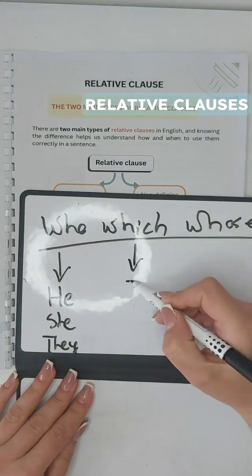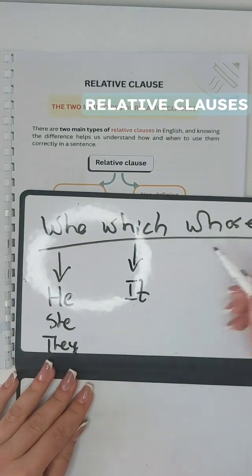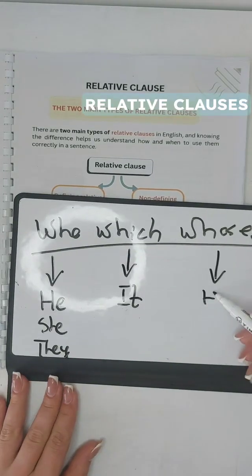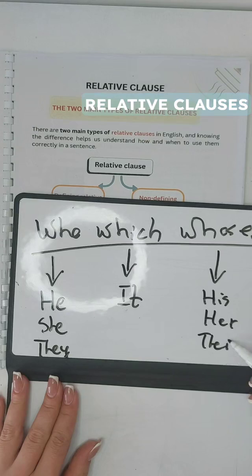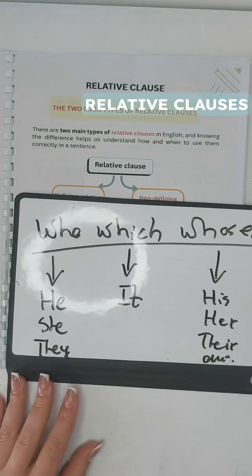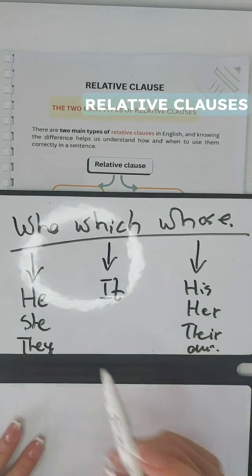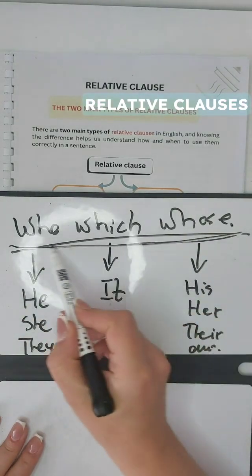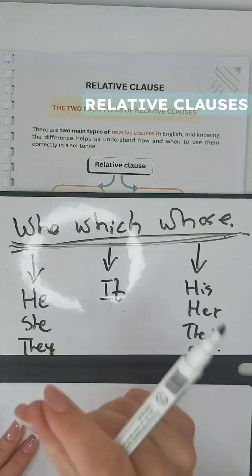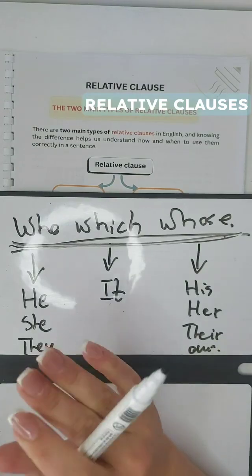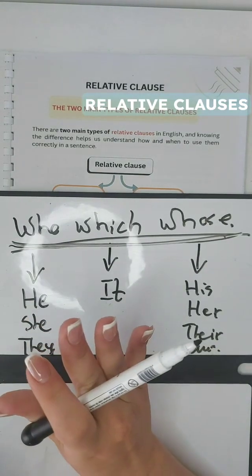Which means it. Whose means his, her, their, our. With relative clauses, these words are not question words. They work differently.